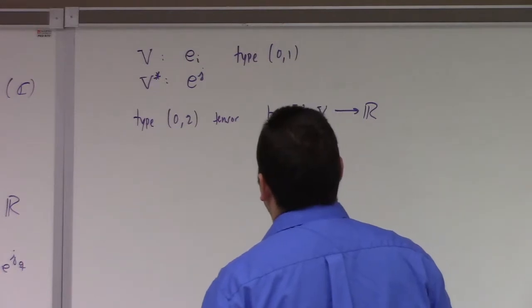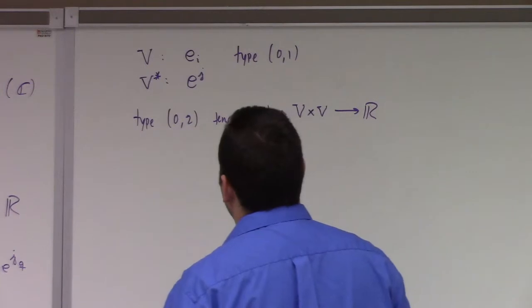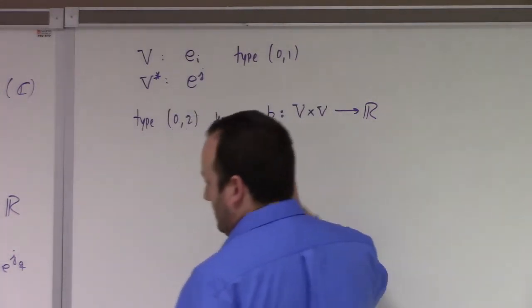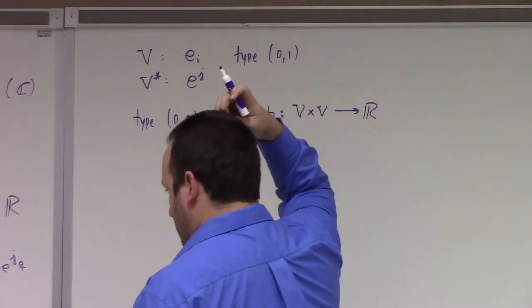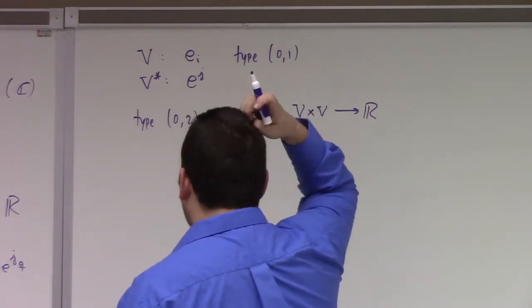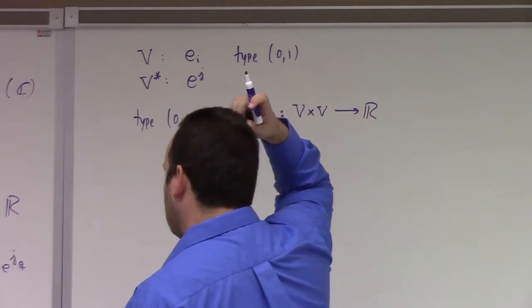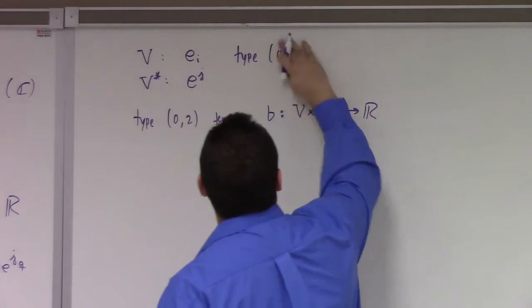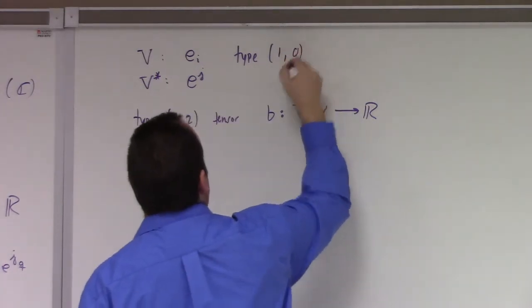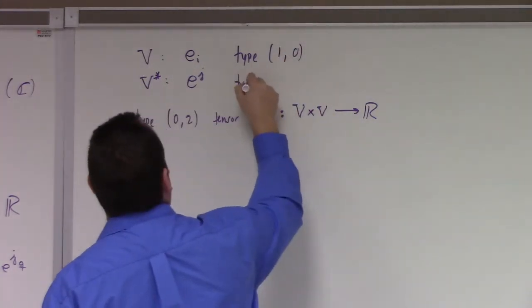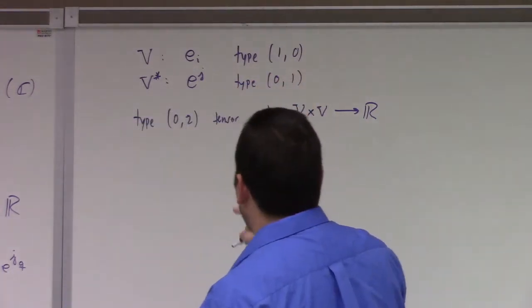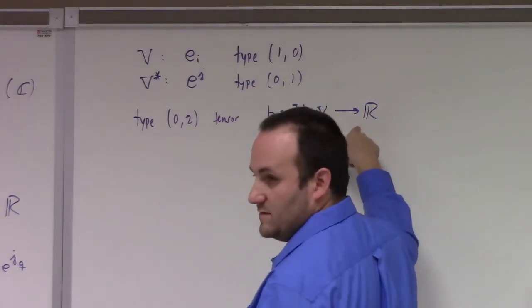So this one would be type 0-1, right? So type 0-2 is something like this.